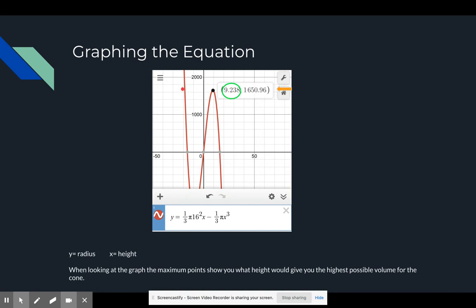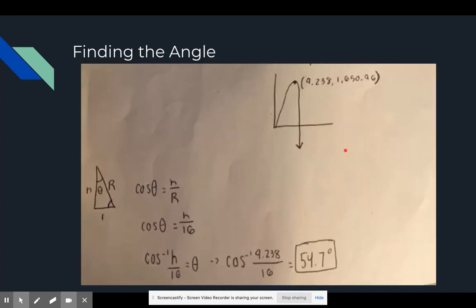And you know this because you cannot have a negative height, and so this is the highest on the graph that the x value goes. So knowing this, I can now find the angle. We now know that the height for the maximum volume for this cone is 9.238.